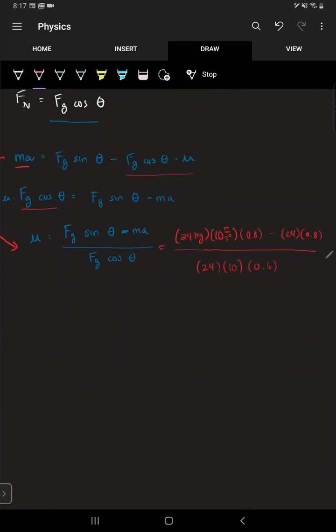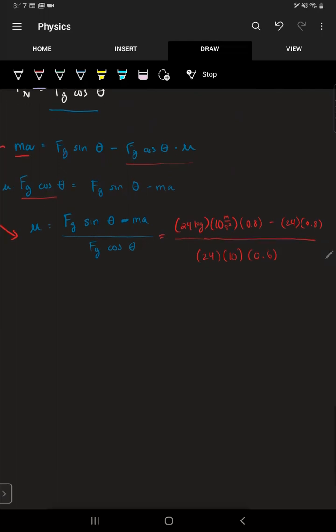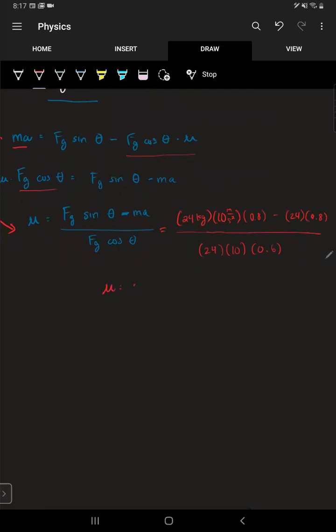Now, if you run all that math, we get mu equals 0.965.